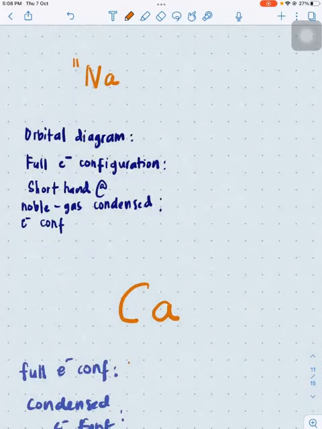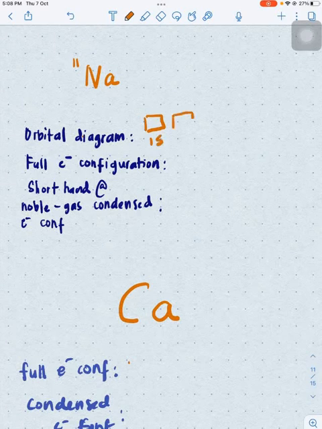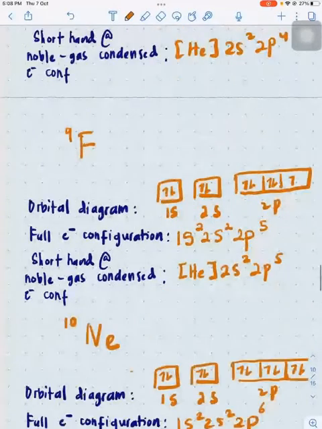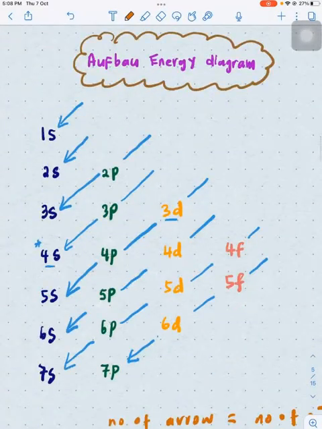what I want to show you adalah apa sebenarnya kegunaan condense ni. Sebab tadi nampak sama panjang je kan, full electron configuration dengan condense. So let's try sodium. Sodium ada 11 elektron, maknanya kita perlukan 1s, 2s. So apa yang you all boleh buat adalah, you all can go to your Aufbau diagram. You all boleh bajet kat sini lah. 1s2, 2 sini, 4, 6, 10 kan.